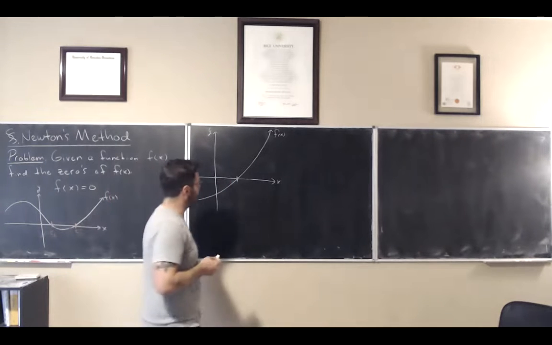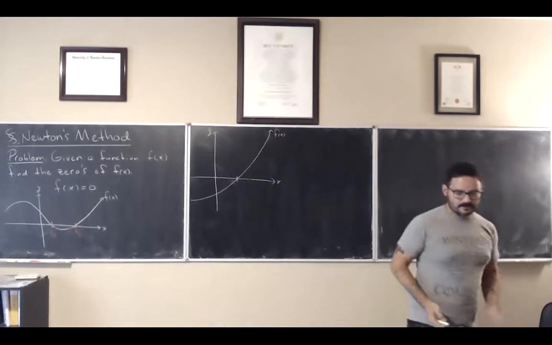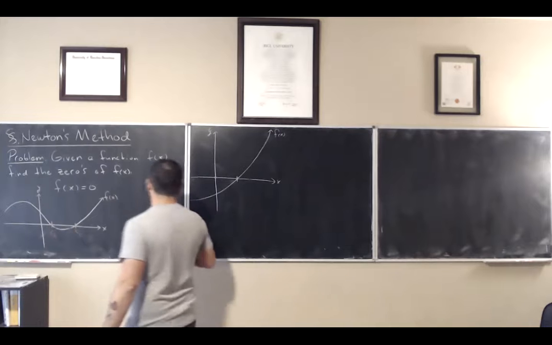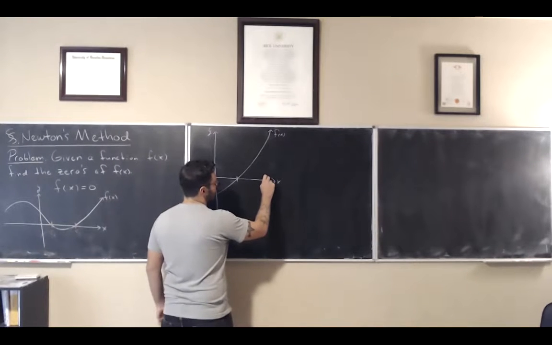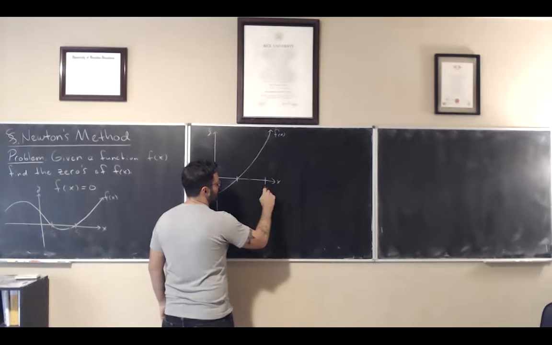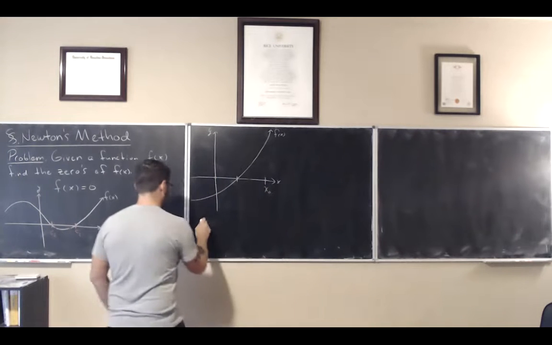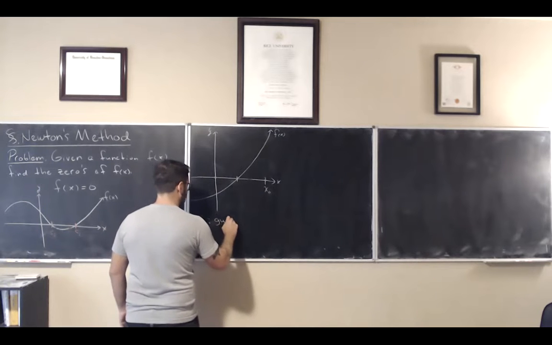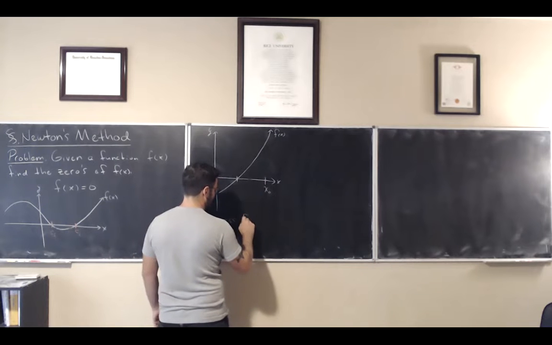So what information can we use about the function to find out this value? Well, how about this? Let's make x0, let's take a guess. So x0 is just a guess for a solution.